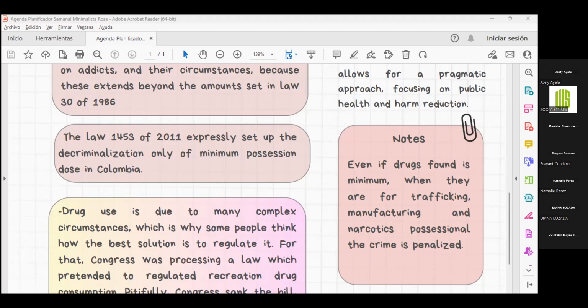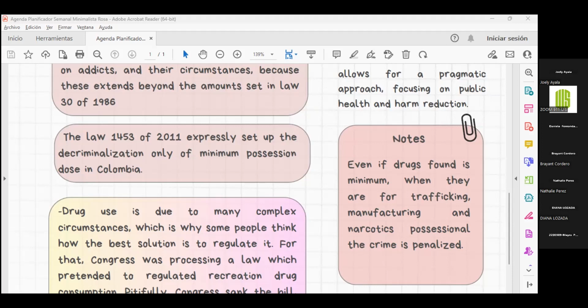Yes, the Congress sank the last vote, with a lot of votes from Congress. So in that moment, like in the past, consumption for recreation is not criminalized still. It was not penalized, the minimum dose, yes.